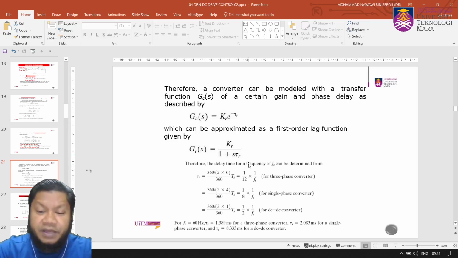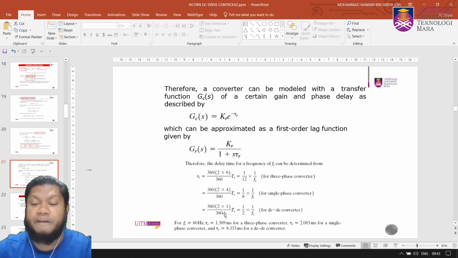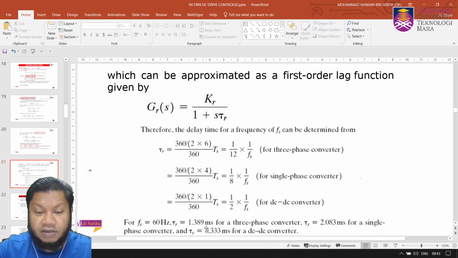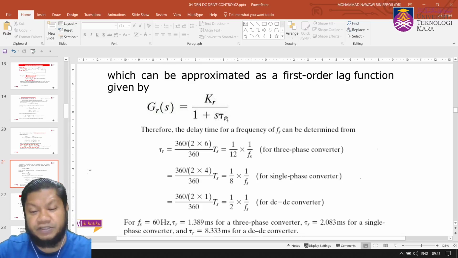You can calculate the delay time based on this equation. For example, you have Fs equal to 60 Hertz, TR 1.389 for a three-phase converter, and 2.083 for a single phase converter. So you can calculate that, and that will give you the value of tau R, which we call the delay time constant.